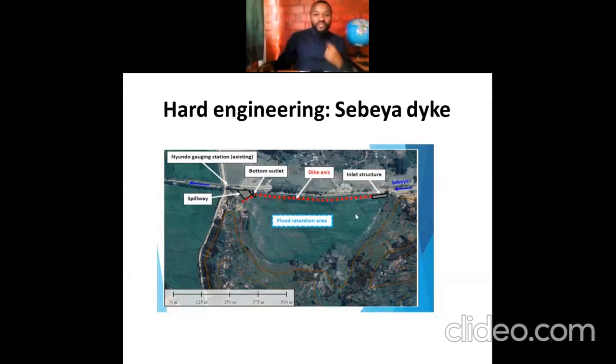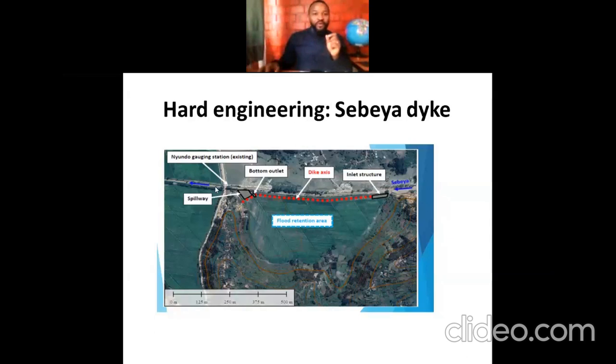So the intention is for the flood water to remain here for a certain period of time, giving time for rainfall to stop, and the river during this time will have manageable water that can fit in the channel, and this water will be released slowly, avoiding that the time lag becomes short and the discharge rises very fast.